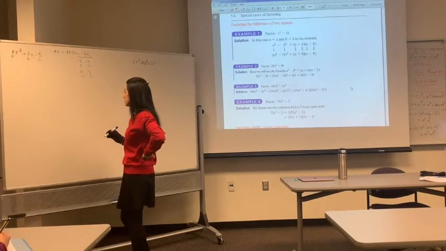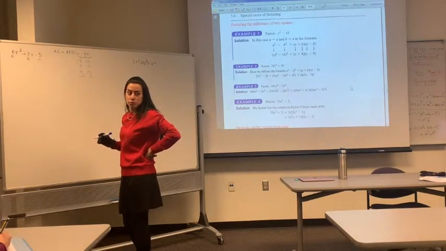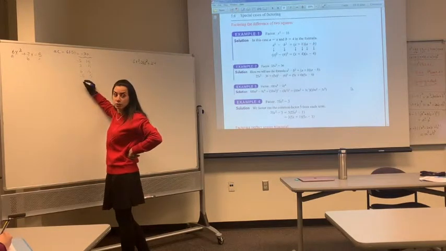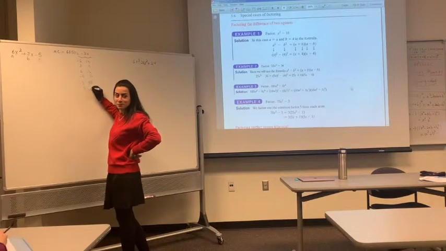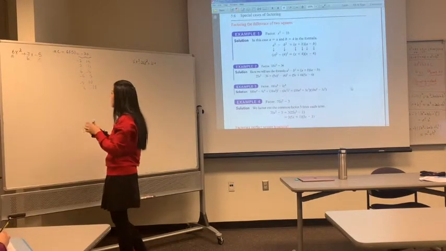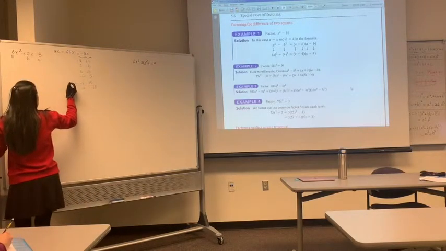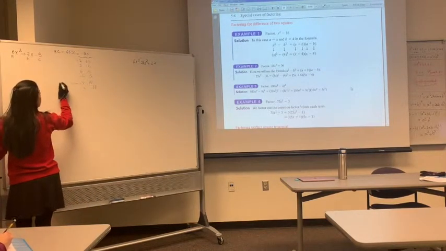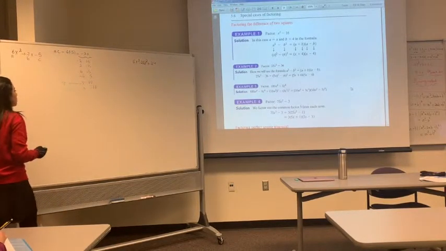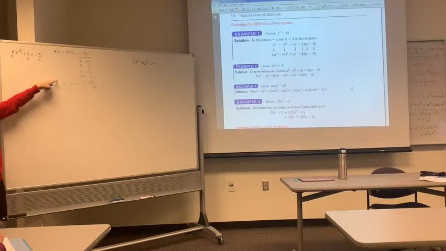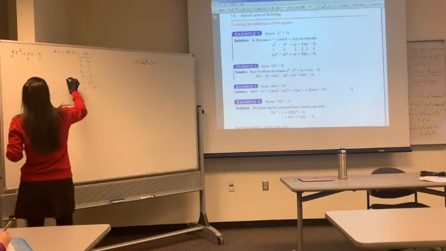What else? 3 and negative 10, negative 3 and 10. I think this one works. So negative 3 and 10. Then we add them. This is 7 and matches b, right? So that's why we are going to choose this one.